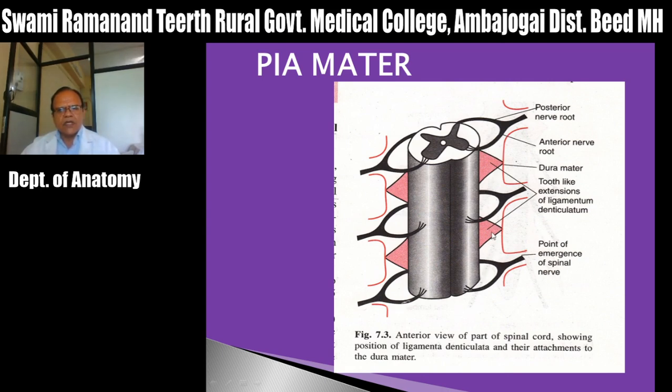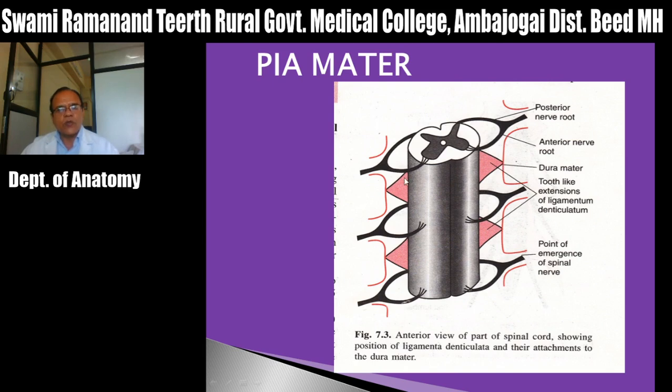Right. Now this pia mater, which is the innermost layer, has some modifications. In the upper part of the spinal cord, it gives rise to tooth-like processes which extend from the spinal cord to the arachnoid mater and the dura mater, and then attach to them.